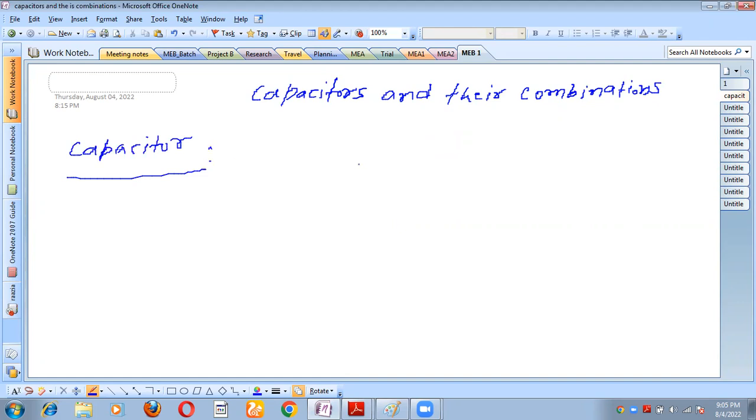So we know that already we have studied it, basic lecture, that capacitor is a combination of conductors. So I will give you some brief basic idea, then we will go forward. Suppose we have two conductors.